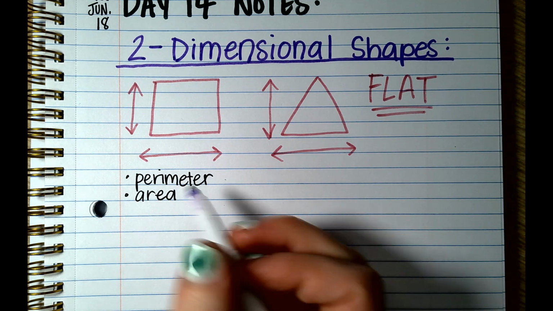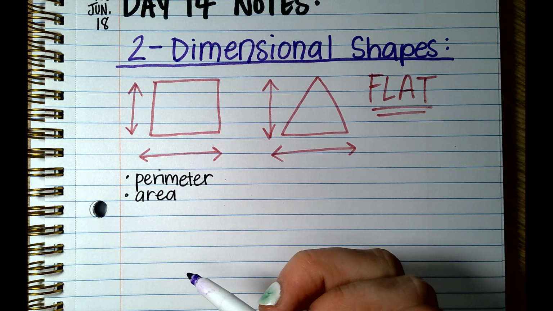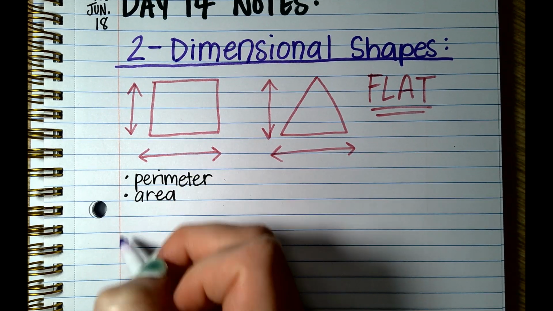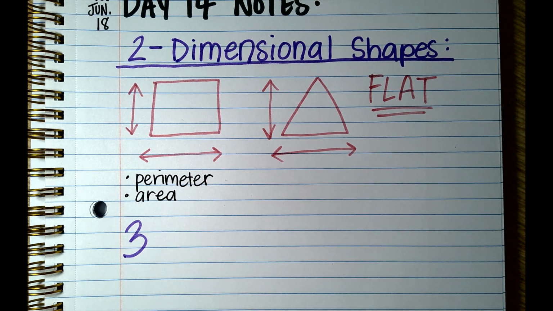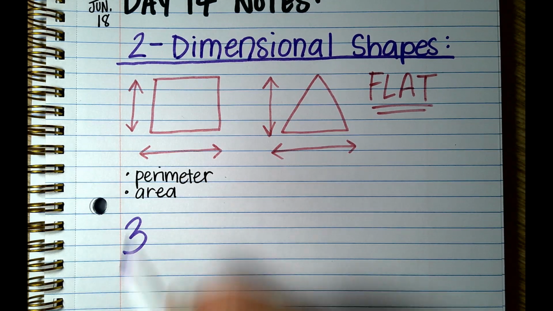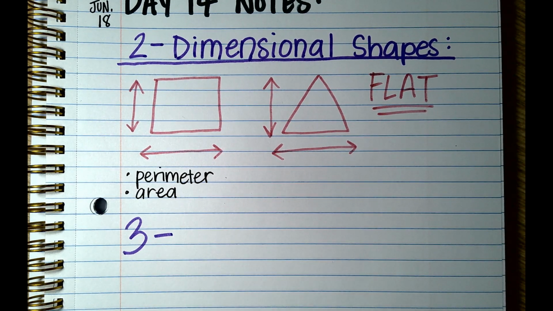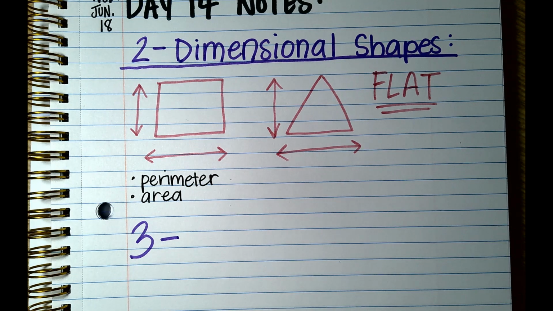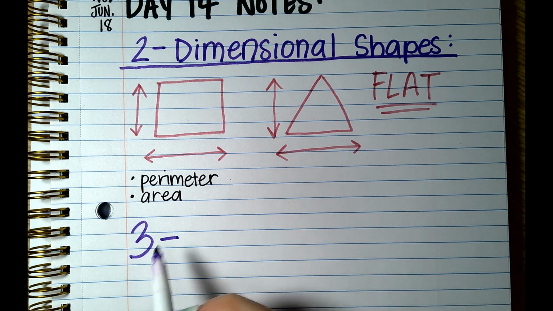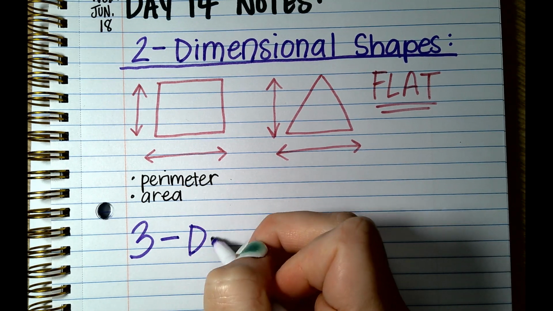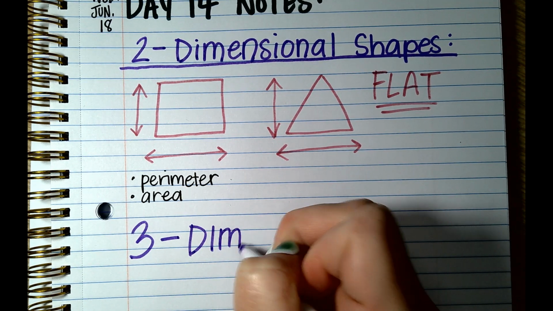But we're going to go into the next dimension today, because our world is not flat. We have things that aren't just smushed up to the ground. We can move around, we can stand, we can move things in more than just 2 directions. There are 3-dimensional shapes as well.